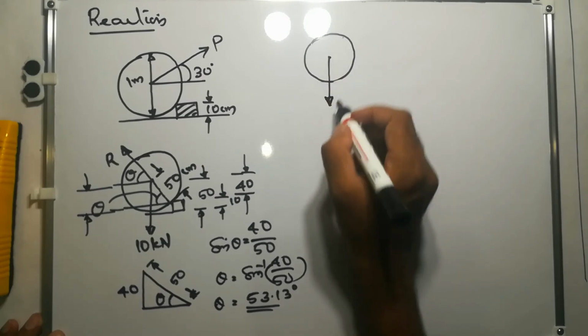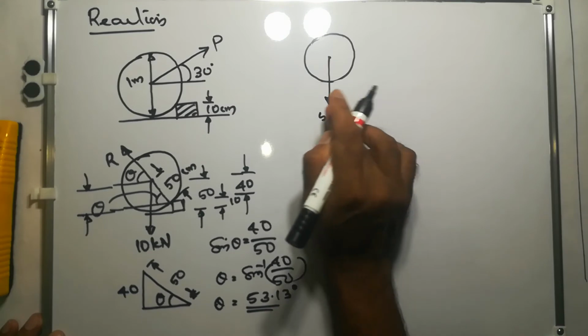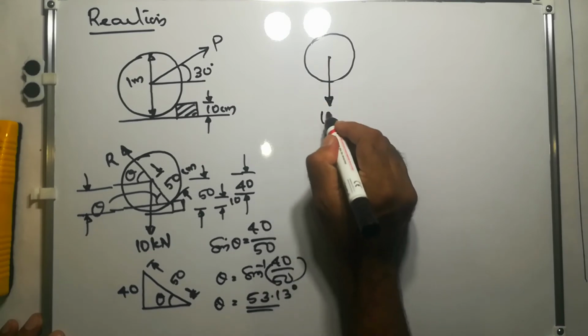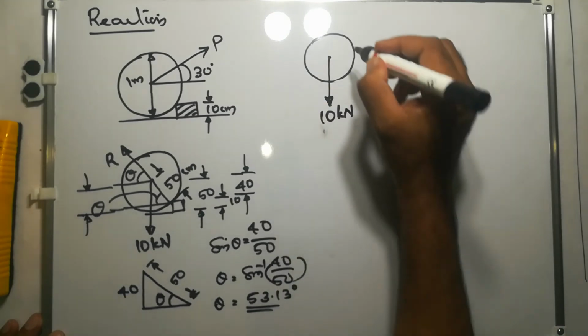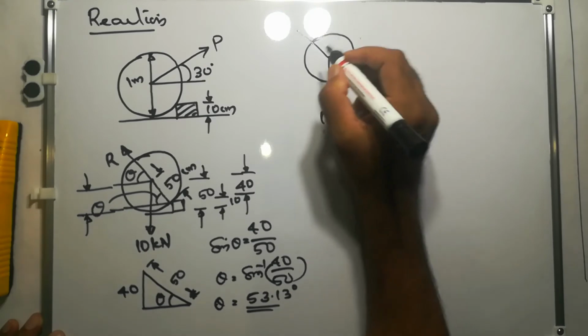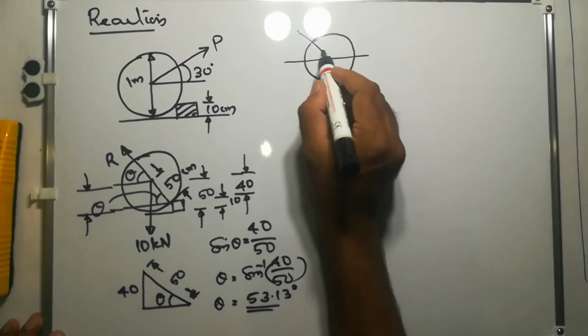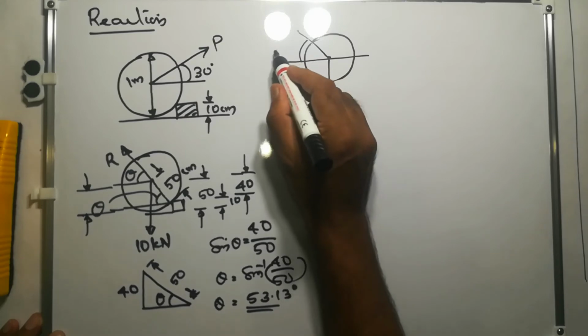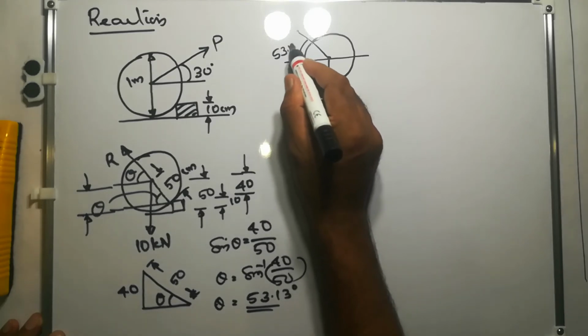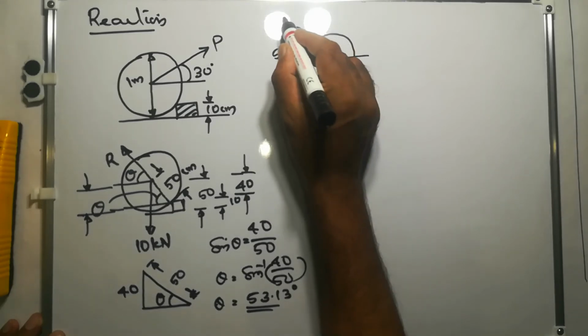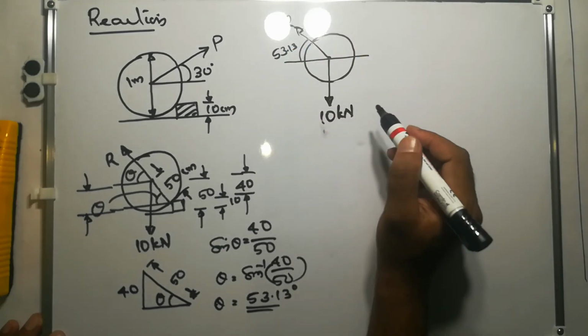That is 10 kilonewton as the weight, the reaction R at 53.13 degrees.